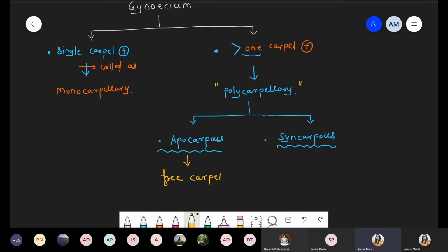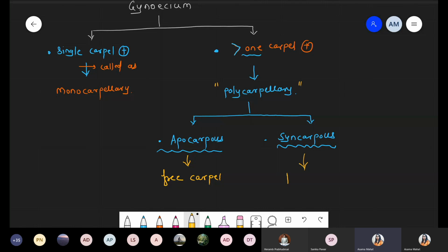You remember we discussed polypetalous, gamopetalous, polysepalous and gamosepalous conditions. For sepals and petals we use the word poly, but to represent free carpels we use the word apo. Please revise the previous part.